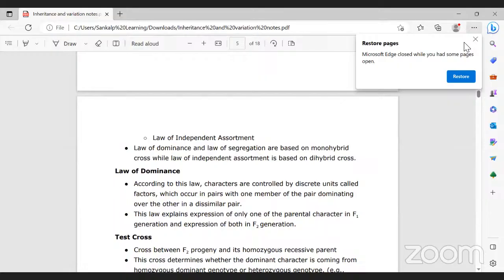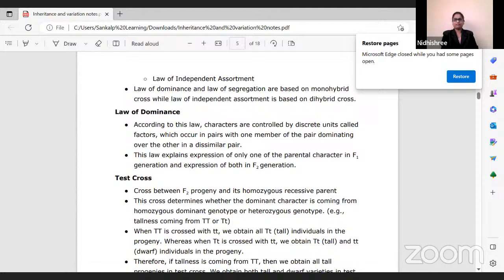Law of dominance: according to this law, characters are controlled by discrete units called factors, which occur in pairs with one member of the pair dominating over the other in a dissimilar pair. This law explains expression of only one of the parental characters in F1 generation and expression of both in F2 generation. Okay, thank you, Chaitra.